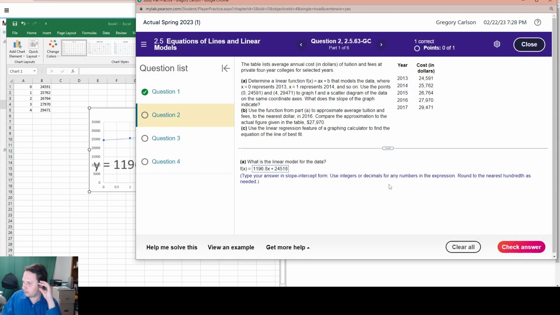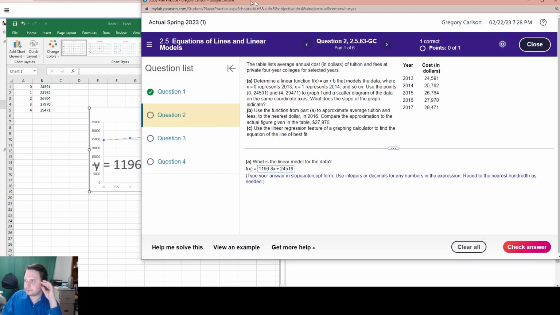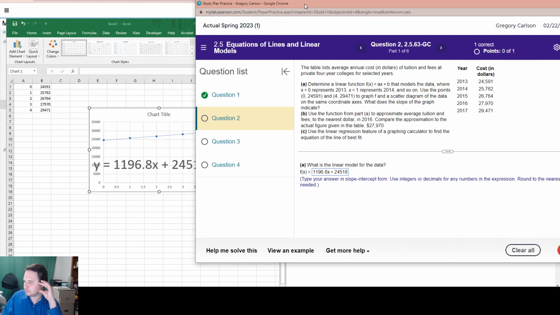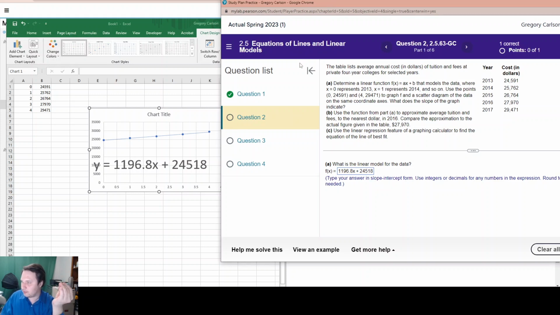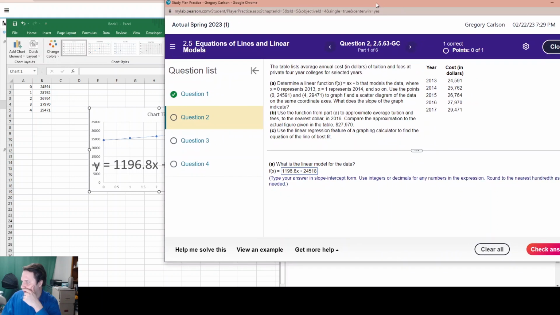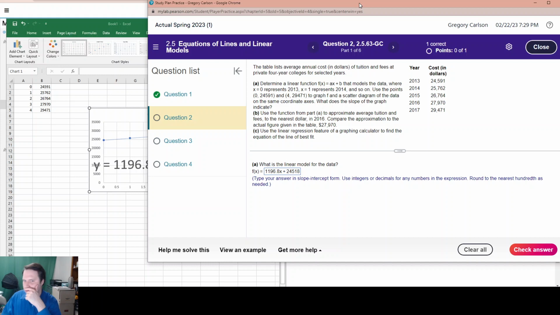It's still wrong. Do I have an error? If it's still wrong, the most likely culprit is an error in typing in your data. But I don't see an error there. Use integers or decimals. Round to the nearest hundredth.